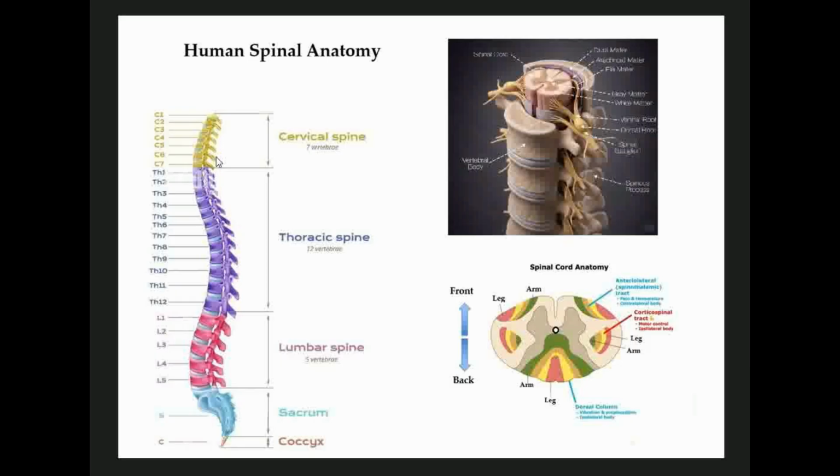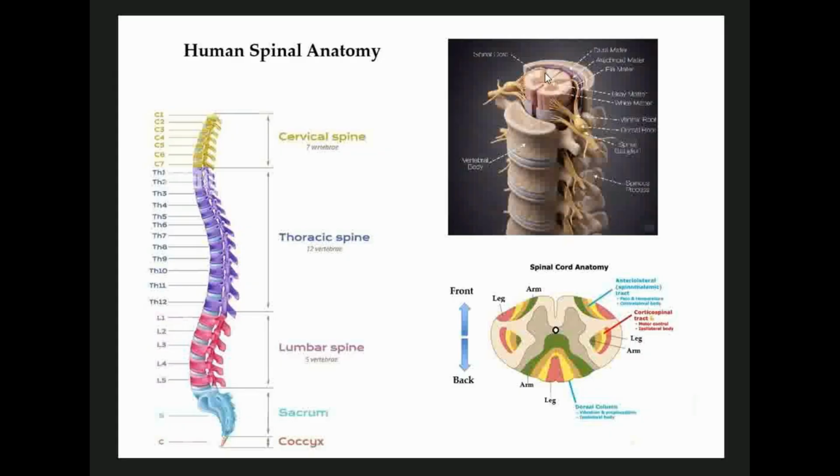These are all stacked up on top of one another, and the bundle of nerve fibers running through the back or middle section of this spinal column is the spinal cord, which is shown much better on this picture in the upper right. So here you can see the bones of the spinal column. In real life, they're actually a little wider than this picture shows. But then inside this canal formed by this bone, you have the spinal cord.